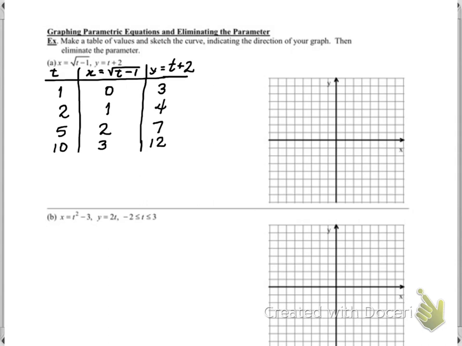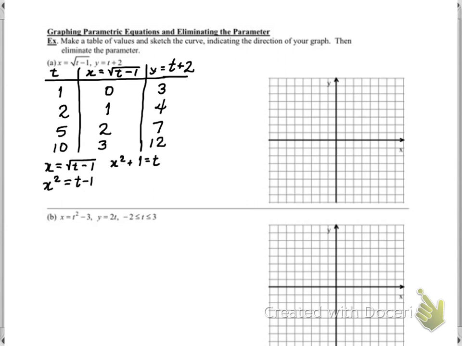So I chose t equals 2 because t minus 1 is 1, which is the square root of 1, which is 1. Same with 5, same with 10. Notice I didn't choose any numbers that give us crazy decimals or crazy square roots.